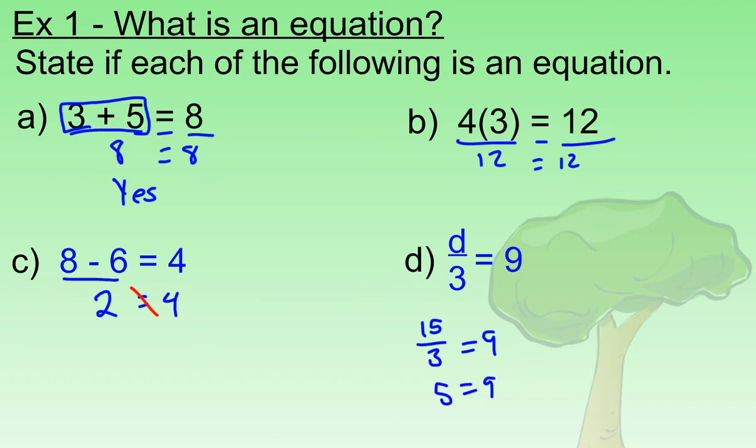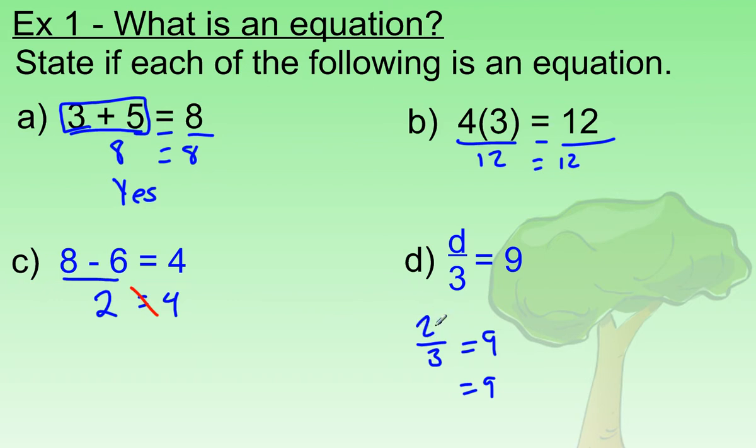So what we're going to be doing in this first lesson is trying to figure out what numbers we can plug in for that d, or the variable in this case, to make the equation true. So this is not a true equation by itself right now. Our goal is to find out what number would make it true. In this case, what number can you divide by 3 to get 9?